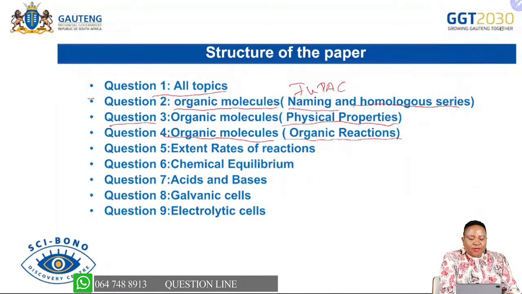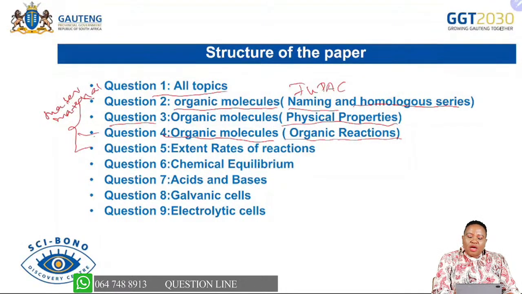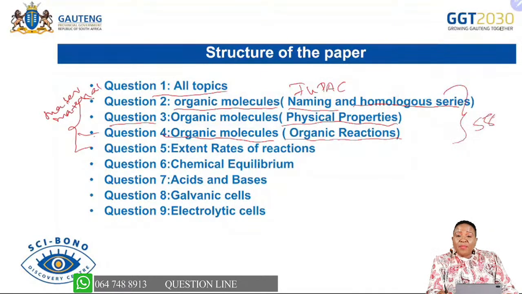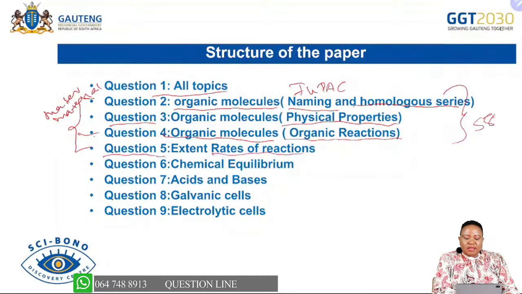So you can see that question 2 up to question 4 are all organic molecules questions. And this is our matter and material, which is out of plus or minus 58 marks, meaning that it is even more than the level 2 of the entire paper, because it's more than 30%.